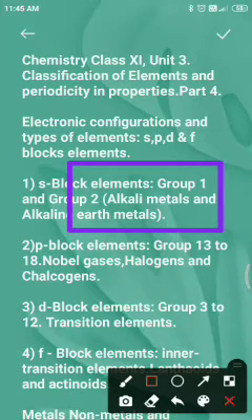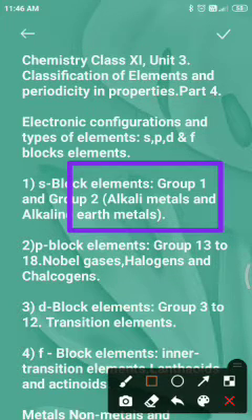They are all reactive metals with low ionization enthalpies. They lose the outermost electrons readily to form 1+ ions in the case of alkali metals and 2+ ions in the case of alkaline earth metals.